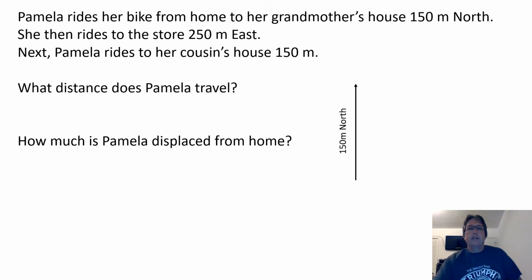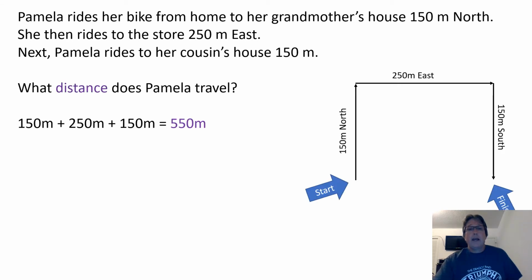First of all, the distance. Well, the best thing to do is to draw a picture of what she does. We'll draw an arrow that's 150 meters north, one that's 250 meters east, another one that's 150 meters south. Now, in order to find her distance, we just add them up, start to finish, 150 plus 250 plus 150.